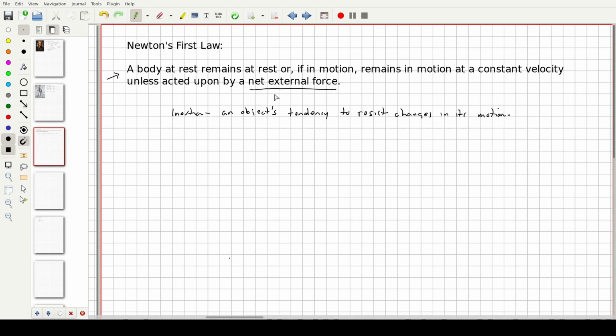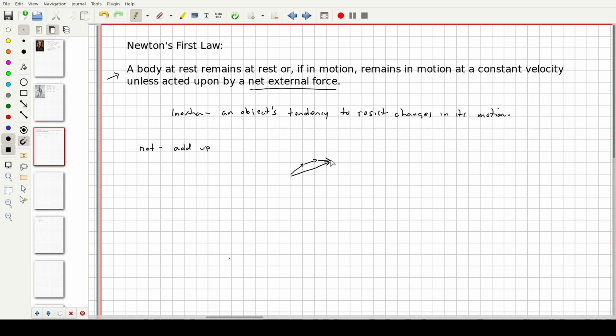So let's dissect this right here. The term net means to add up. Okay, so as an example, back in chapter 4, when you were dealing with vectors, you know that you can add multiple vectors together to get one overall vector like that.